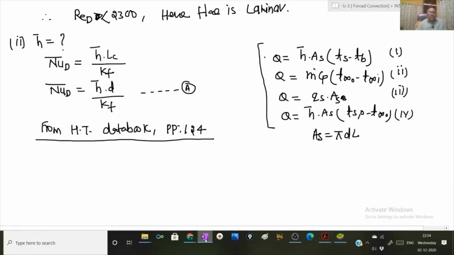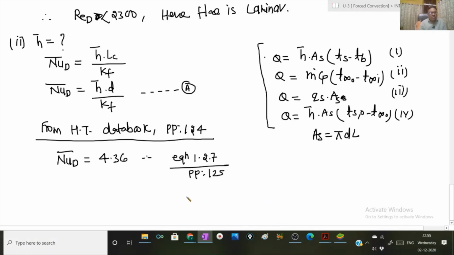So from this, the expression for average Nusselt number comes out 4.36. This is equation 1.2.7 on page number 125.